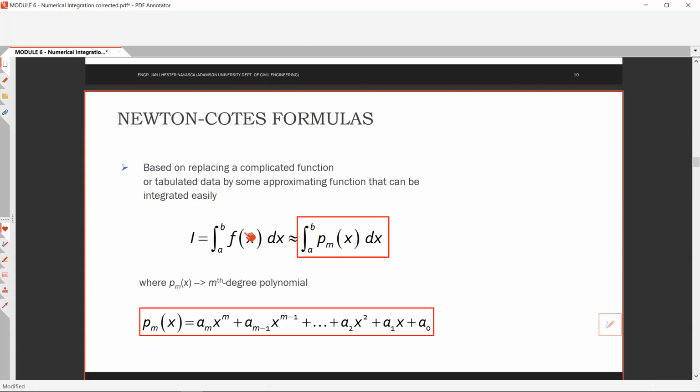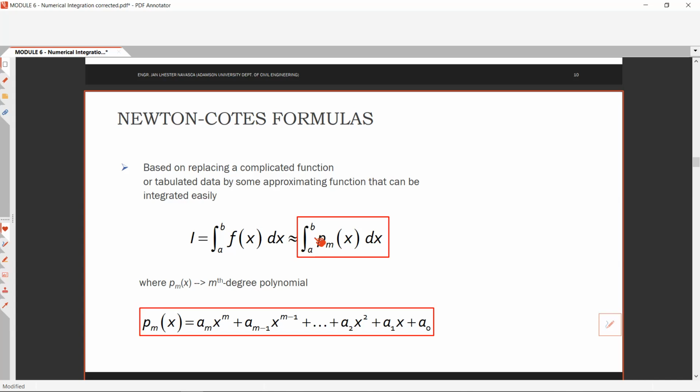So f of x is replaced by P sub m of x, where P sub m of x is an mth degree polynomial. Generally, we are just replacing f of x with a polynomial function that can be easily integrated.